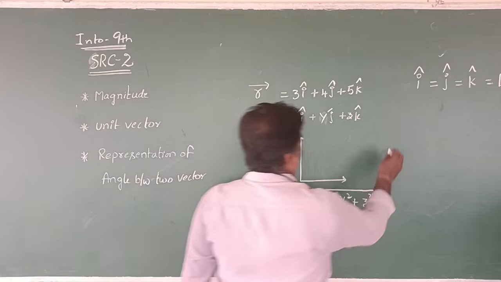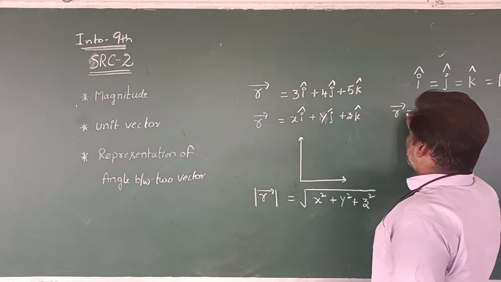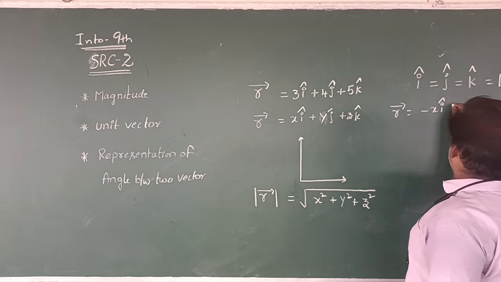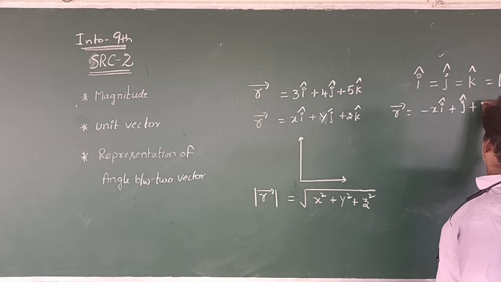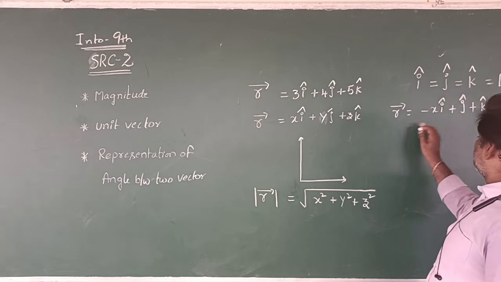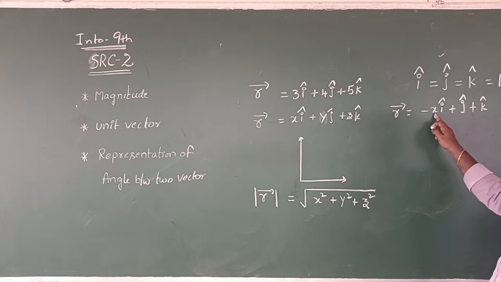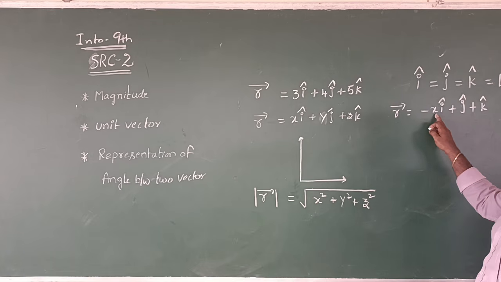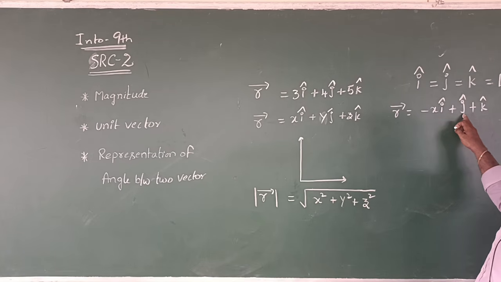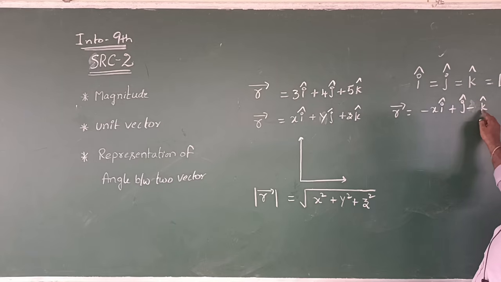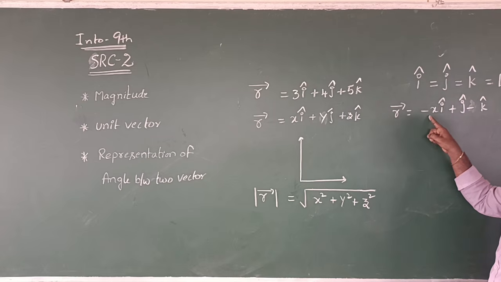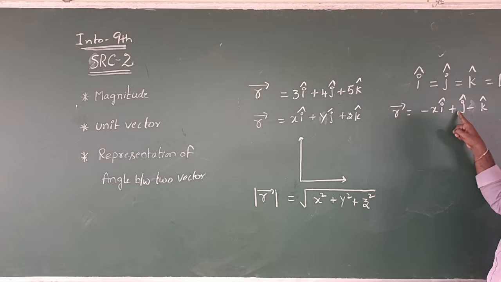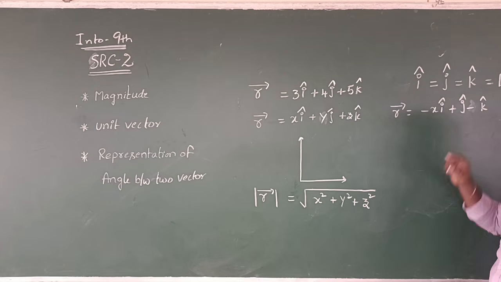Suppose r bar is minus x i cap plus j cap minus k cap. Observe here, the coefficient of i is minus x, the coefficient of j is 1, and the coefficient of k is minus 1.